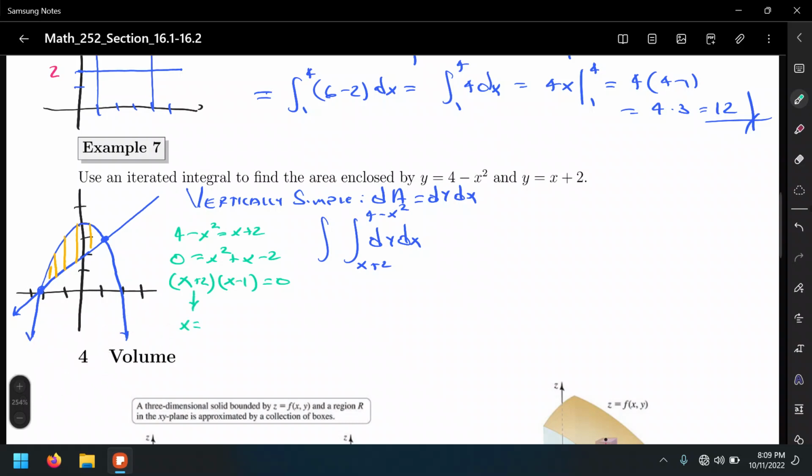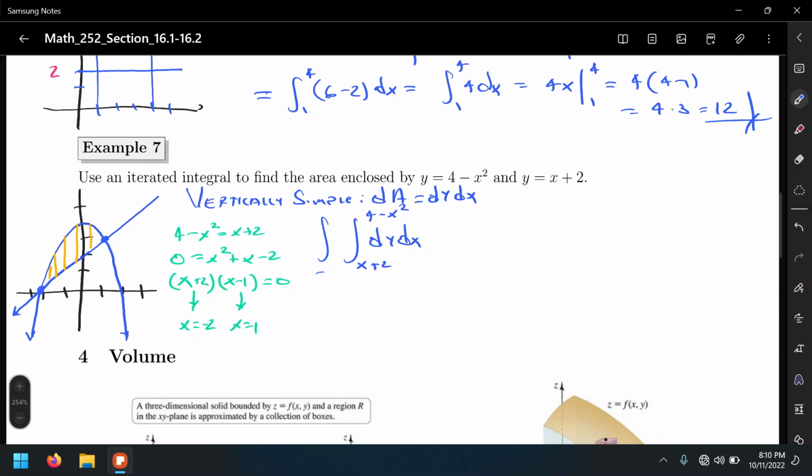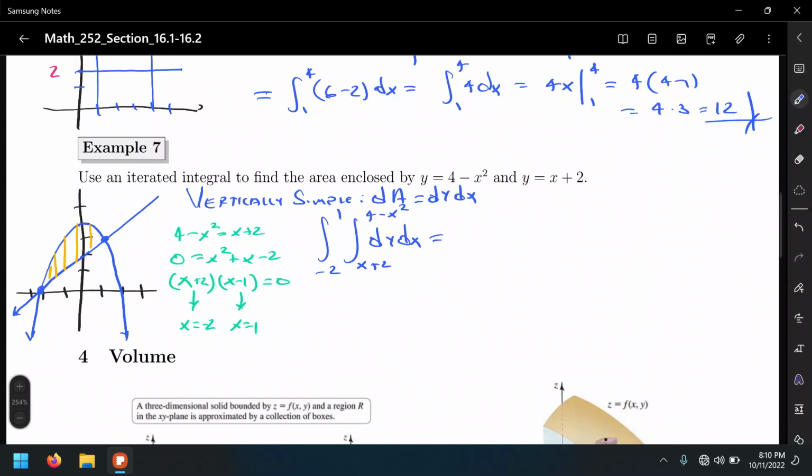So that means x equals negative 2 and x equals 1. Well, I think this checks with the graph that I did before, right? So those are going to be the limits. That's going to go from negative 2 to 1, and we're good to go about the integral.